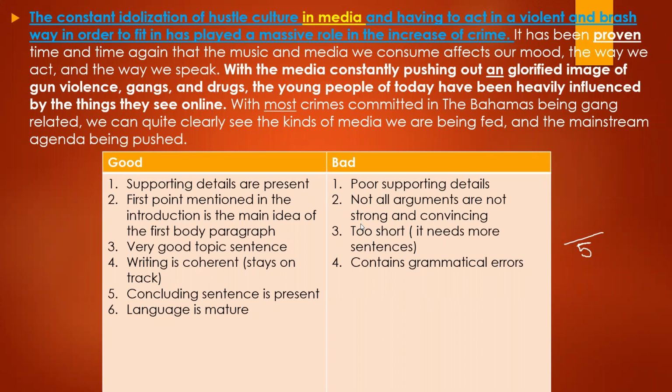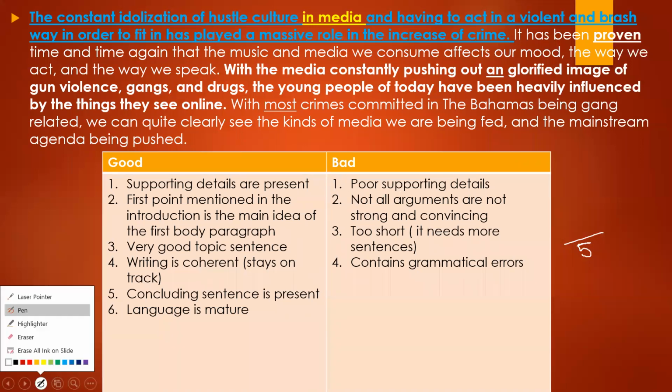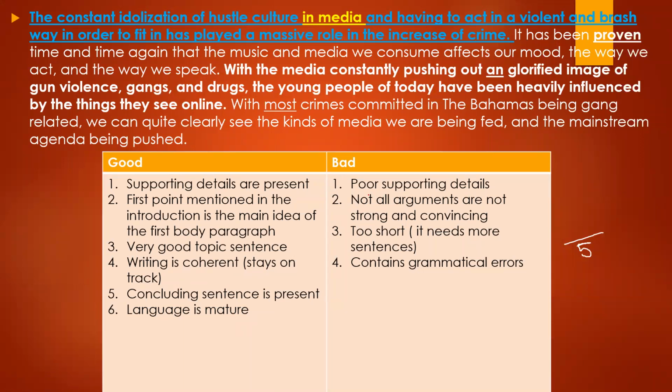The problem with this body paragraph is poor supporting details. Once you have poor supporting details, it's very hard to give you a good score. When you put it like that, a 3.5 sounds more appropriate.